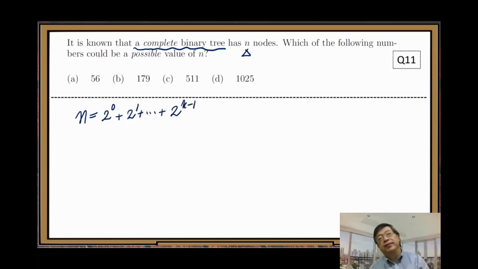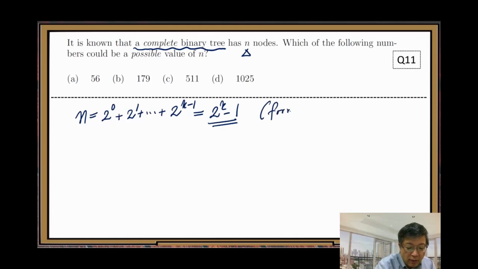If you apply some formula and add it up, you will get 2 to the k minus 1. So you can see for a complete binary tree, the number of nodes takes this format. Now you check which of the 4 options has this format. That's simple.